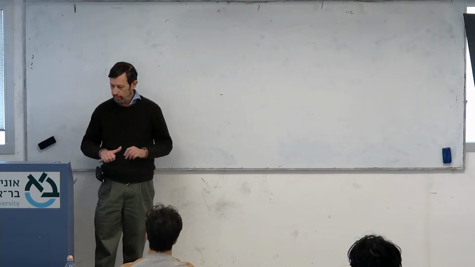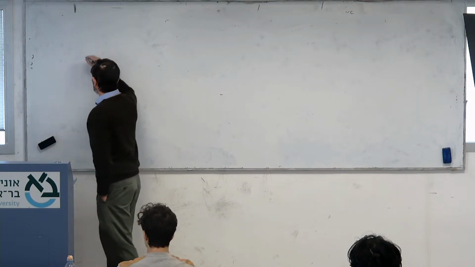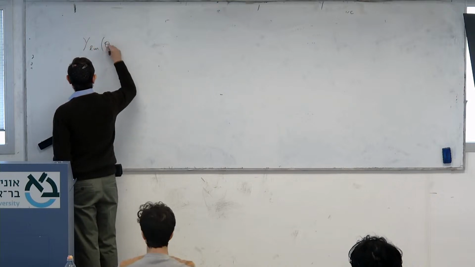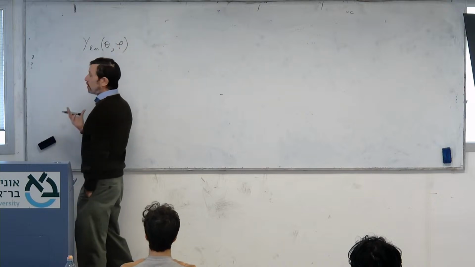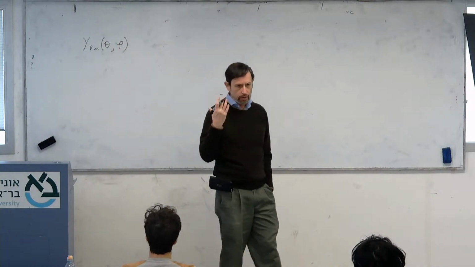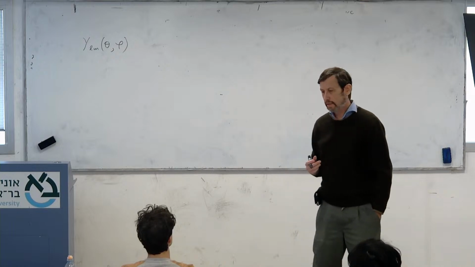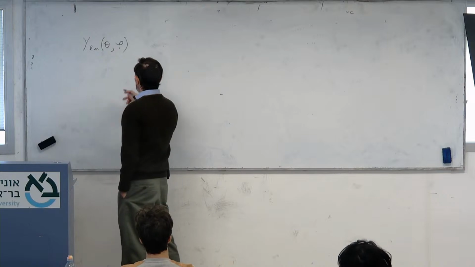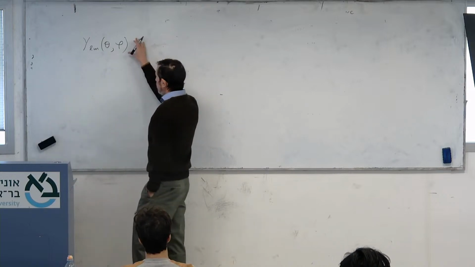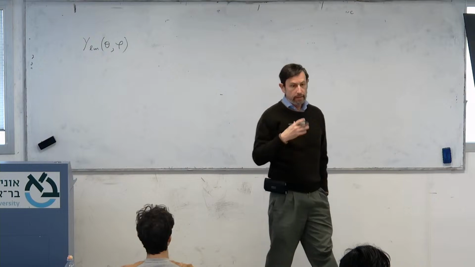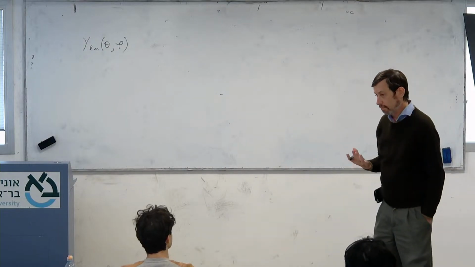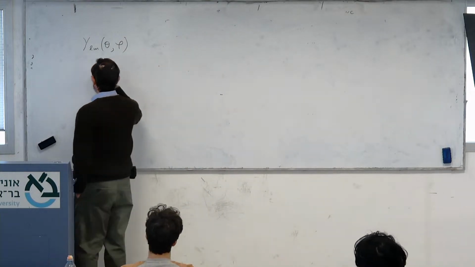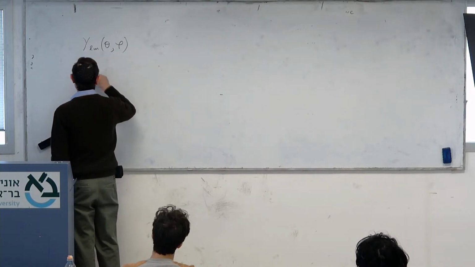Okay, so we solved the eigenfunctions of the spherical part of the equation that depends on theta and phi, the angular momentum part. Basically we have also written it down.